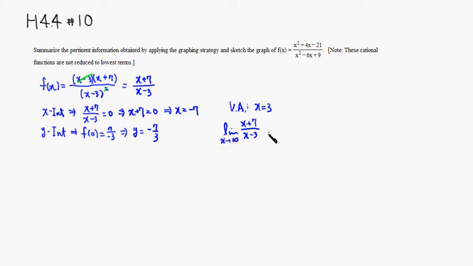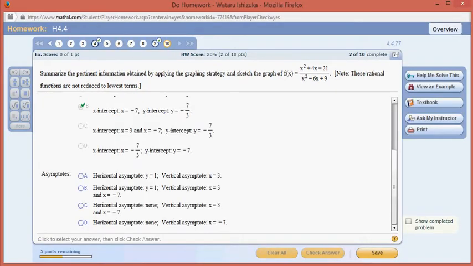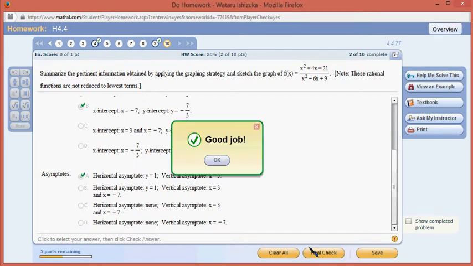Since we learned L'Hopital's rule, let's apply it here. It's infinity over infinity, so the limit is 1 over 1. This gives you 1, which means that the horizontal asymptote is y equals 1. So y equals 1 and x equals 3.